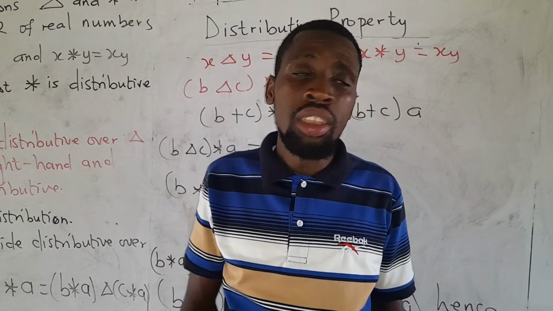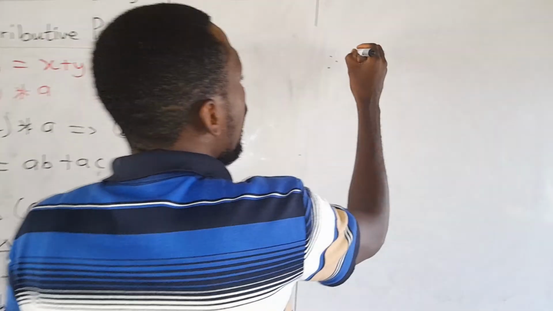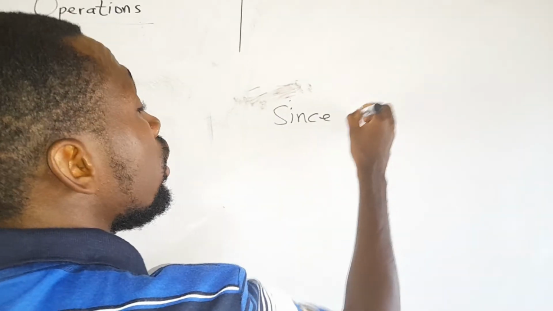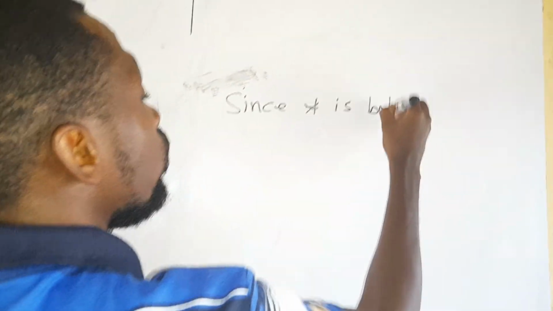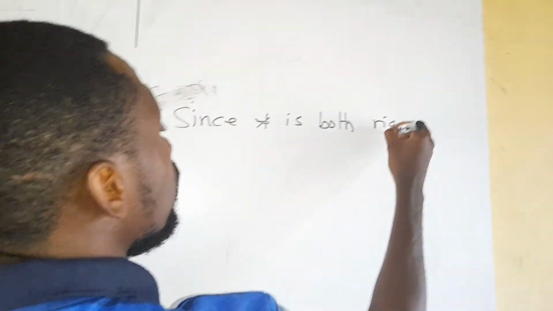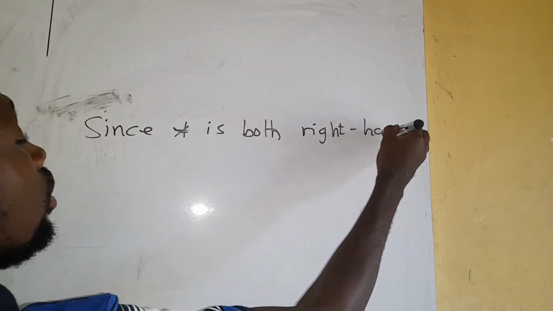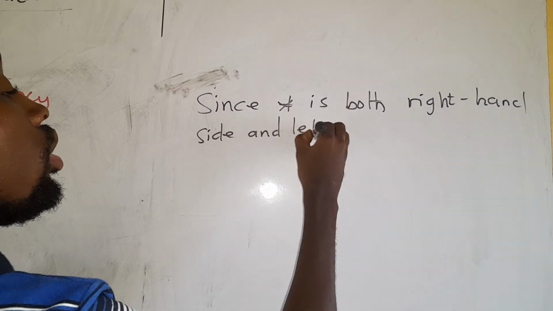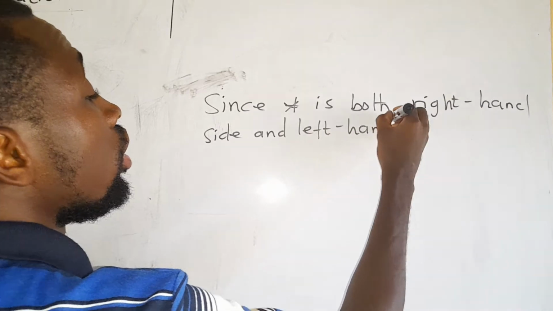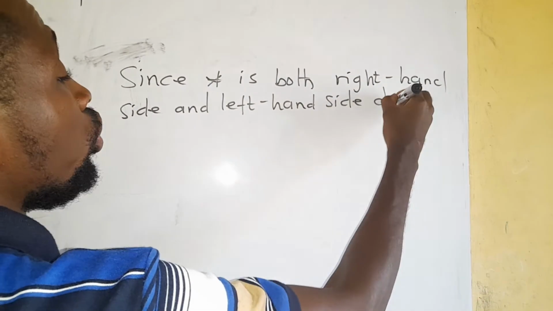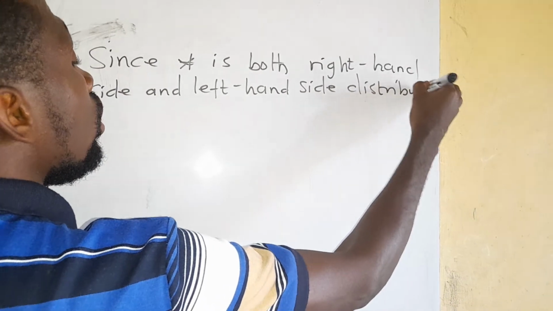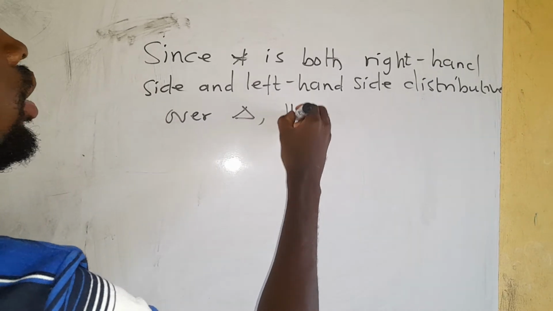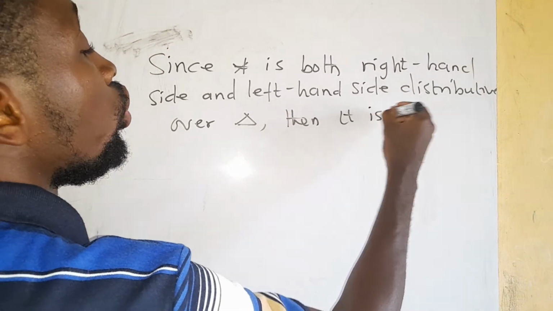Therefore, since star is both right hand side and left hand side distributive over delta, then it is distributive over delta.